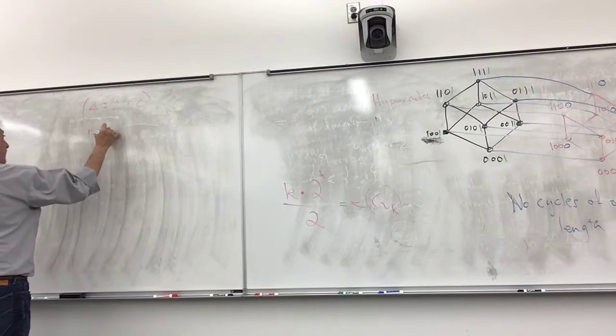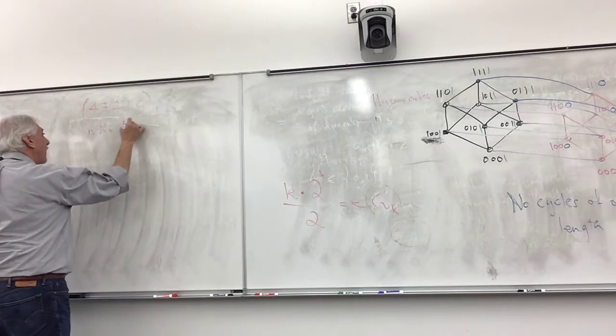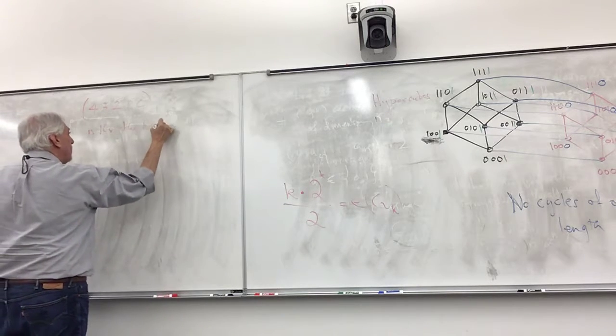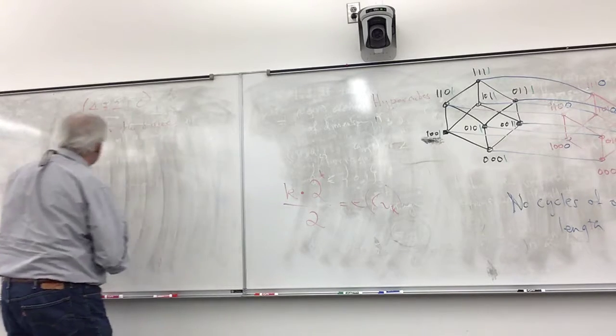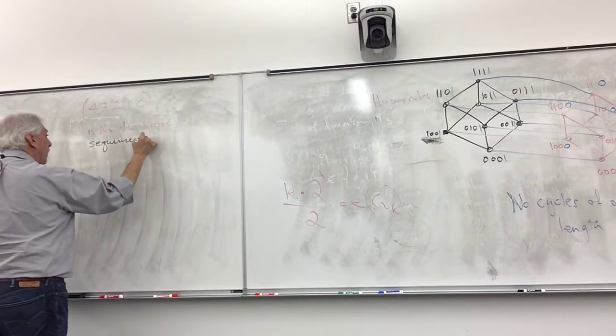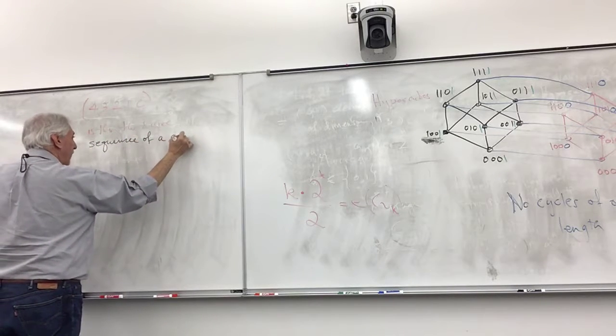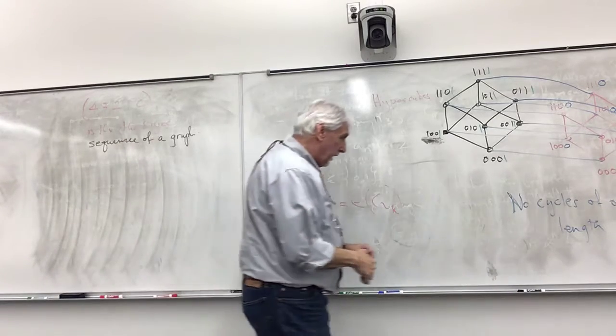Is this the degree sequence of a graph? I don't care what the graph is. I just want to know, is there a graph that has that sequence of degrees?